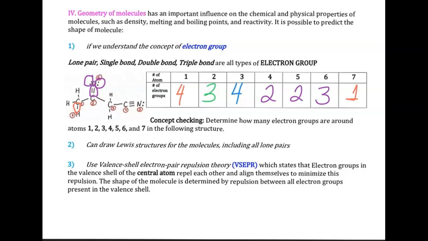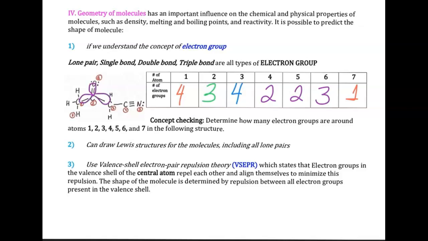In that theory, think about this. Let's say I'm talking about electron groups around carbon 2 in the example above, right? So we have electron group 1, 2, 3. The shape is not a coincidence; the shape is trigonal planar.